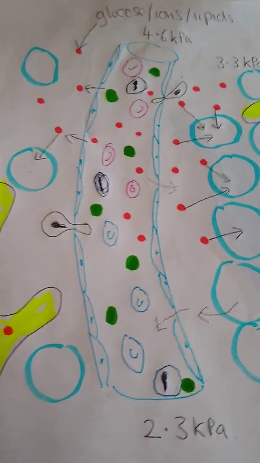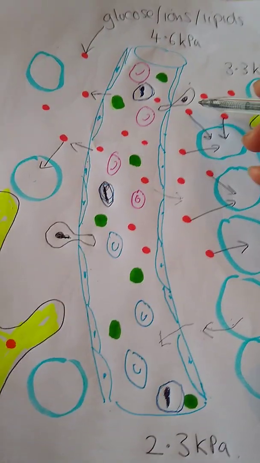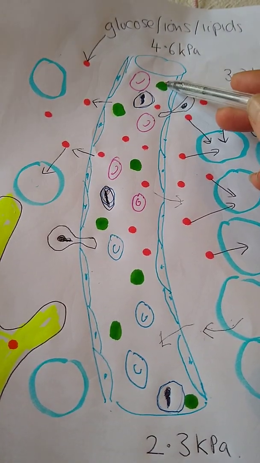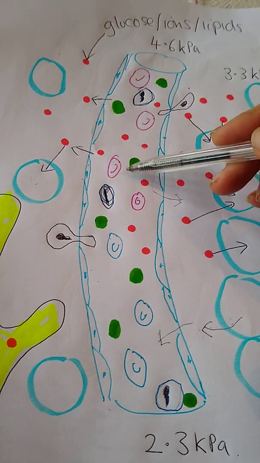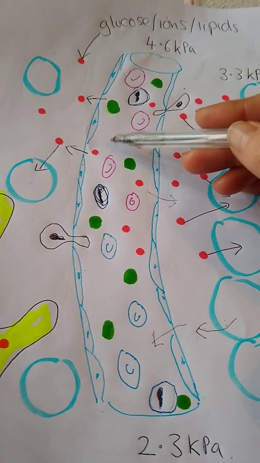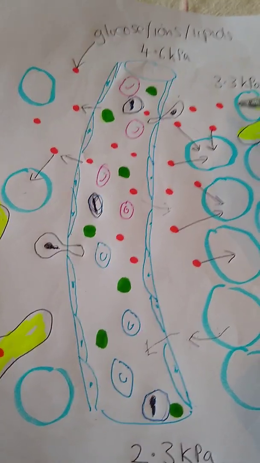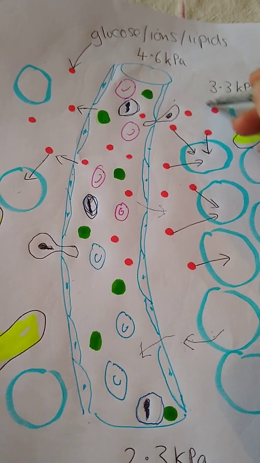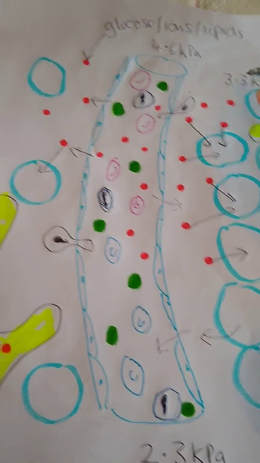So that's what would happen, and that would happen all the way down the capillary were it not for something called hydrostatic pressure. So the osmosis is driven by the presence of these plasma proteins. So that's why the water wants to go that way. And there is something called an oncotic pressure of 3.3 kilopascals.